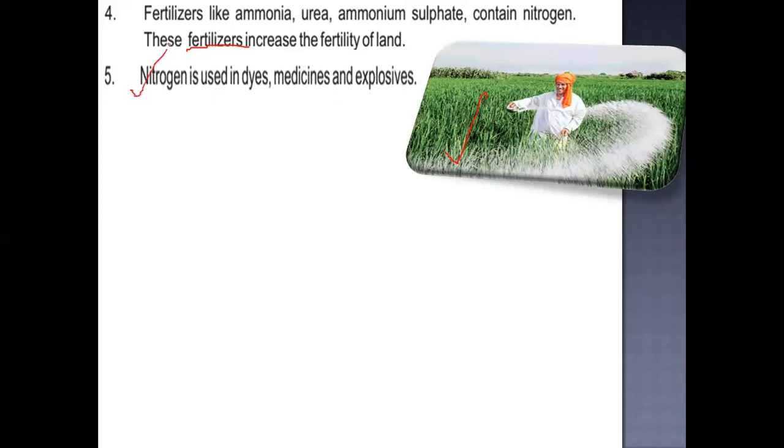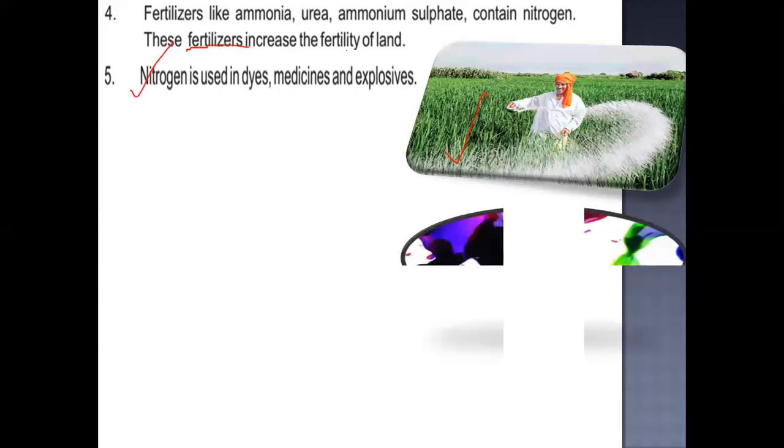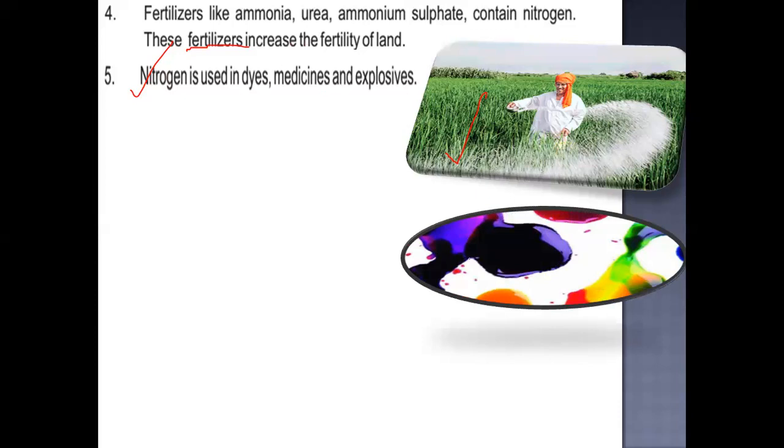Next, nitrogen is used in dyes. We see dyes in different colors. These dyes are used in textile industries, in a huge amount, and in other dyeing industries, like chemical industries and plastic industries, to dye different objects and materials.